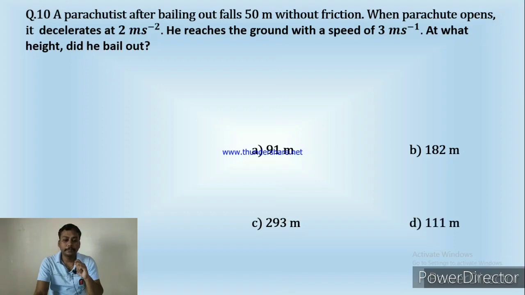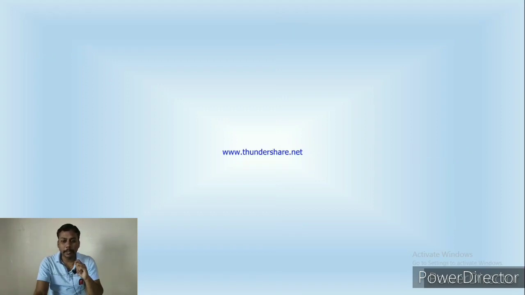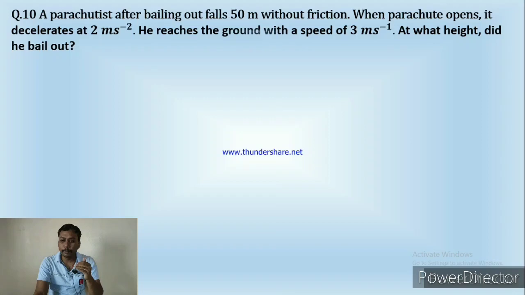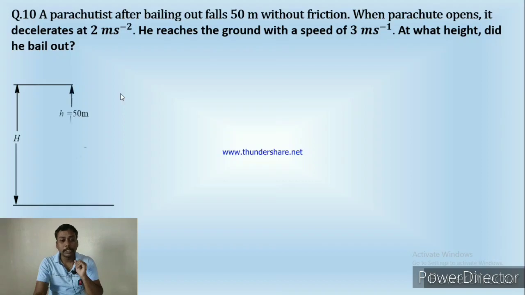Let's see the answer. A parachutist after bailing out falls 50 meter without friction. When the parachute opens, it decelerates at 2 meter per second square. He reaches the ground with a speed of 3 meter per second. At what height did he bail out? So let's see the diagram here. This is the total height of the parachutist.